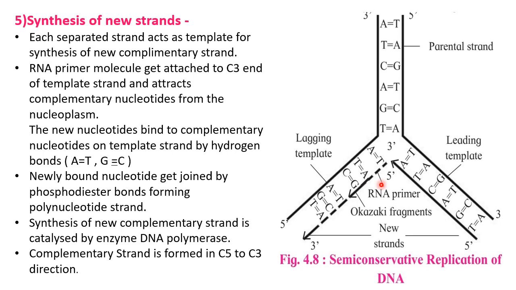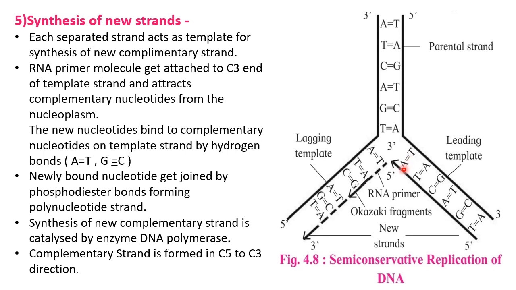Then these nucleotides bind to the complementary nucleotides on the template strand. So the new nucleotides bind to the complementary nucleotides present on the template strand, and these nucleotides bind with the help of weak hydrogen bonds.